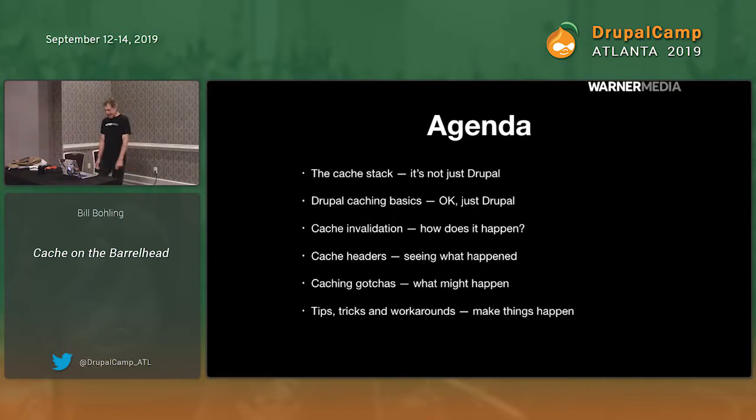We'll talk about some caching gotchas, some things that can mess you up when you're trying to cache or not cache, and then some tips, tricks, and workarounds to help you get around some of these gotchas. And there are donuts, so please feel free at any time to grab a donut, and if you need to wander around and see what's there, it's not going to bother me.